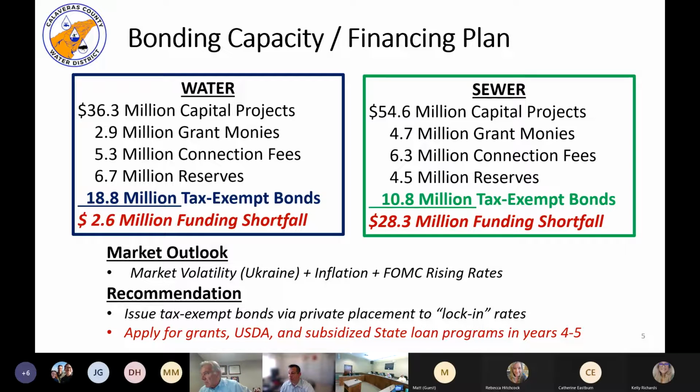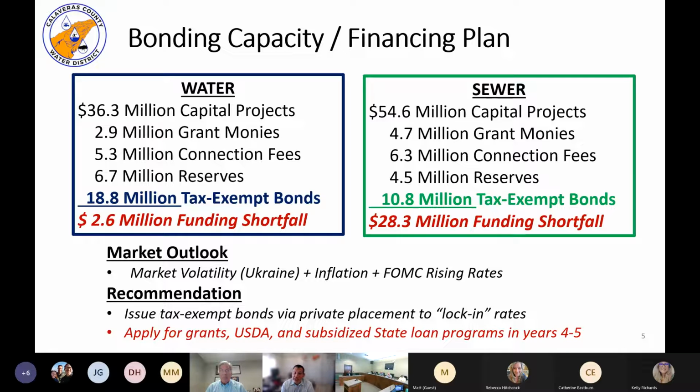How will the $28.3 million funding shortfall on the sewer side be addressed? I think you said it in the future, but how? That's a great question. As we're still going through this, we're going to have to see if we can apply for grant monies, USDA loans, and other forms to identify funding solutions.